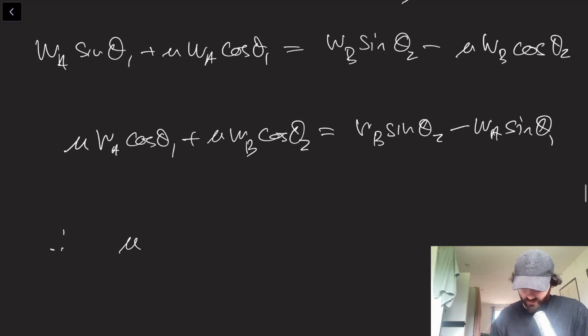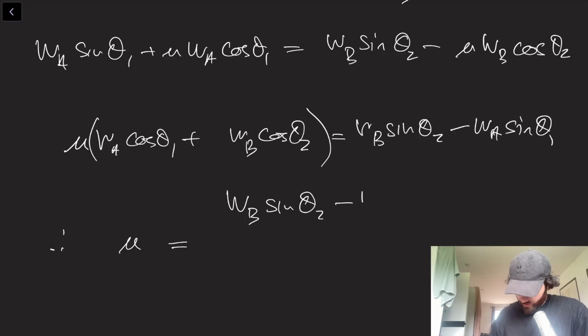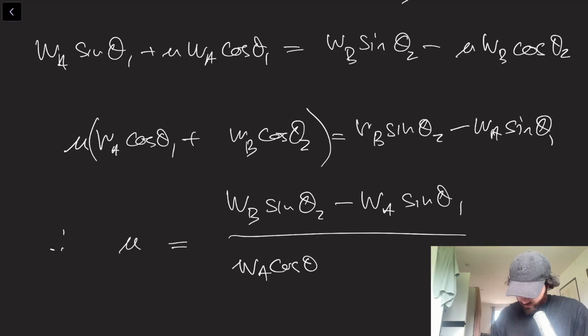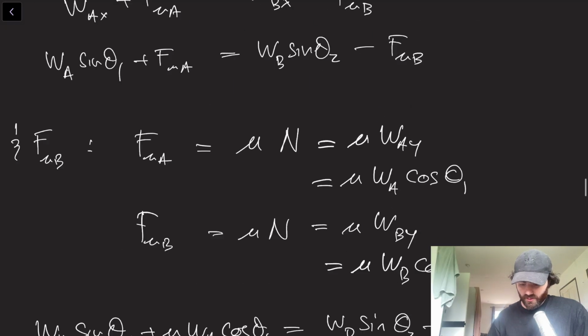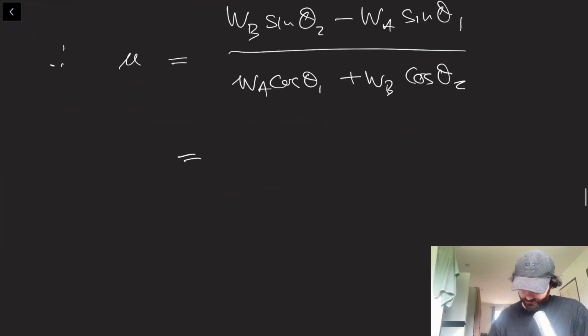Therefore, factor out a mu here. We get mu equals WB sine theta 2 minus WA sine theta 1 divided by WA cos of theta 1 plus WB cos of theta 2. We have all those things, so we can plug them in, and it wants us to find this mu.